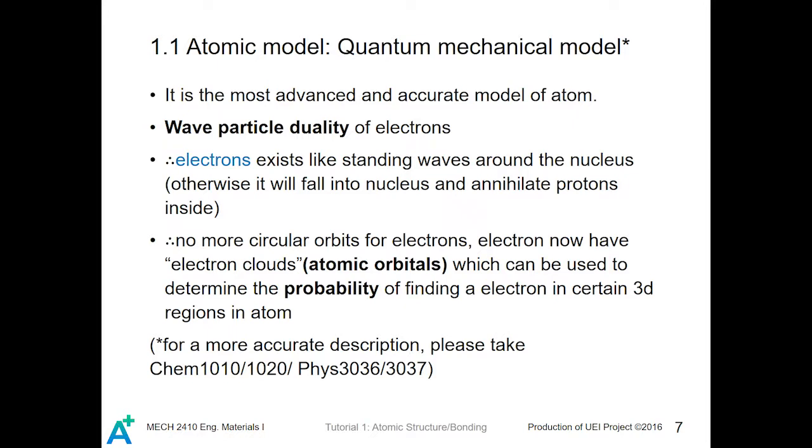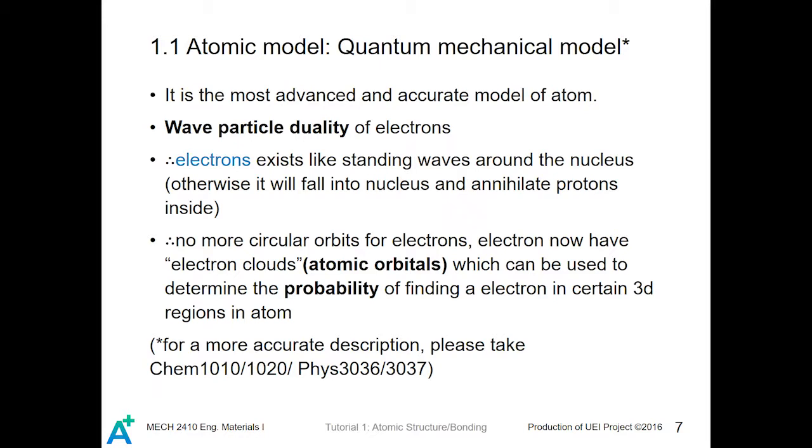The quantum mechanical model is the latest and the most advanced and accurate model we have for an atom, which incorporates the wave-particle duality of electrons. Such duality is mentioned in quantum mechanics.